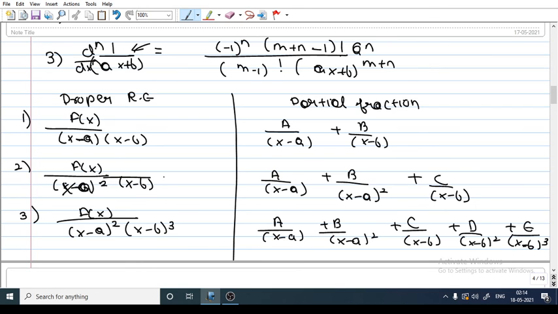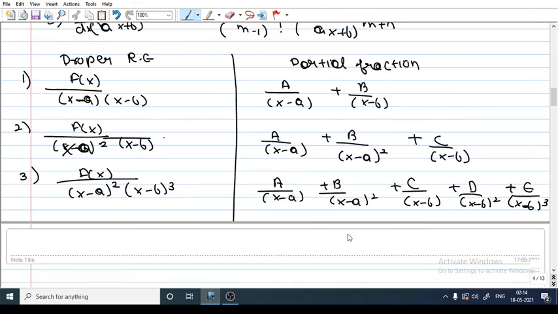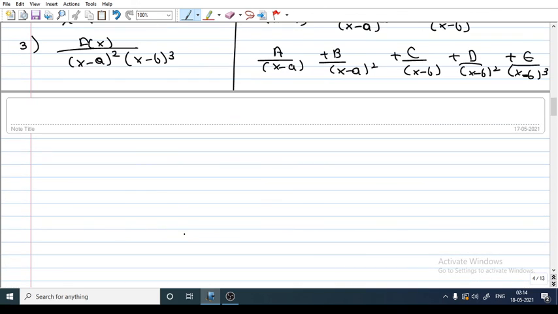So you have to go until you reach the max power. So these were all the things which you need to study before solving the problems of nth derivative of rational expressions and logarithmic functions.